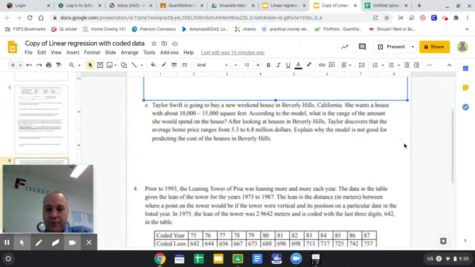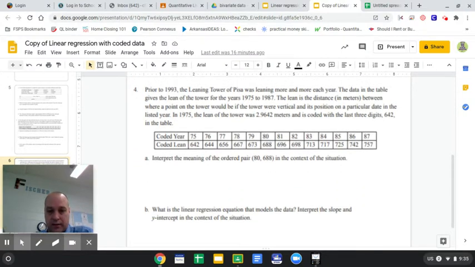Okay? All right. Prior to 1993, the Leaning Tower of Pisa was leaning more and more each year. The data in the table gives the lean of the tower for the years 1975 to 1987. The lean is the distance in meters between where a point on the tower would be if the tower were vertical and its position on a particular date in the listed year.